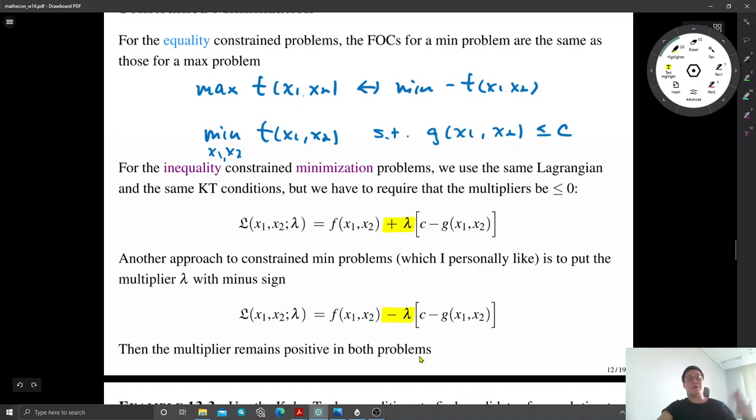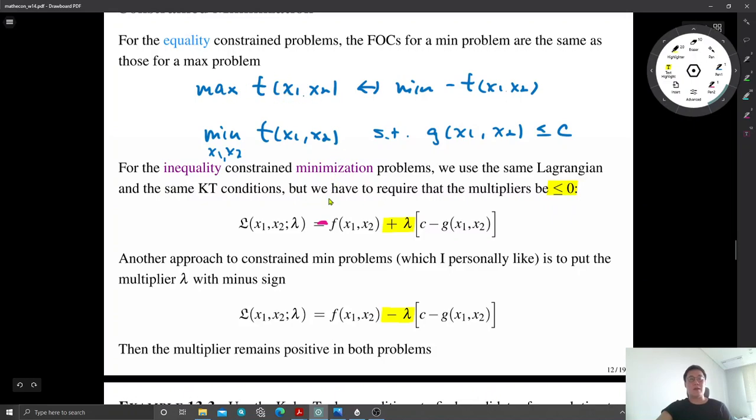So we have three different but equivalent approaches. You may assume the multiplier be non-positive in case of a minimization problem, or you can just put the negative sign in front of the objective function, because minimizing negative f is equivalent to maximizing original function f.